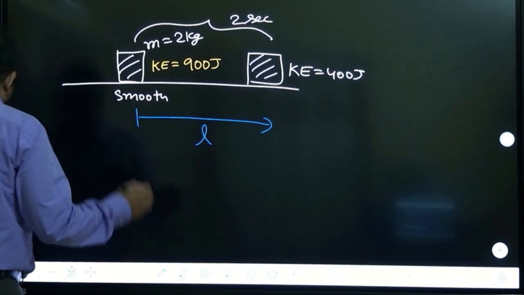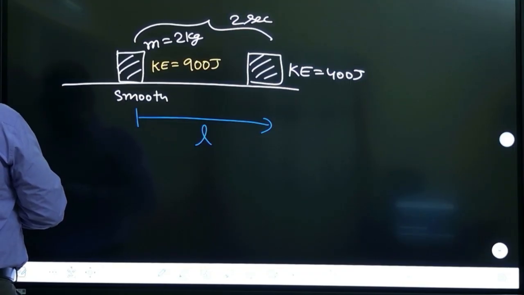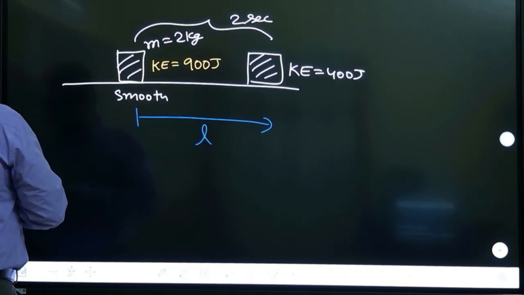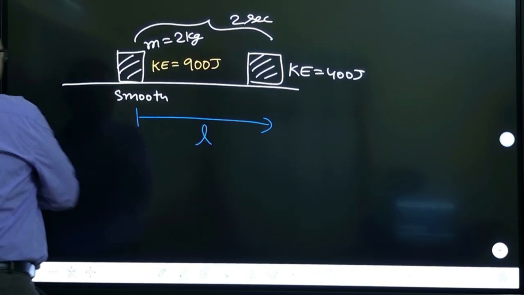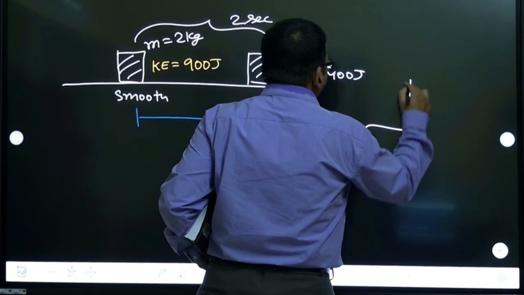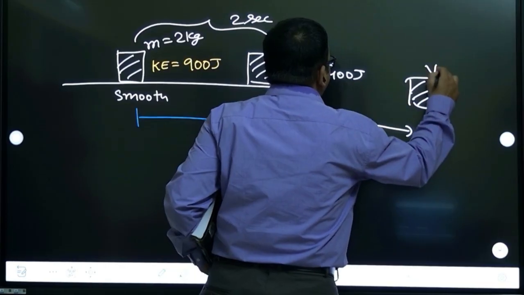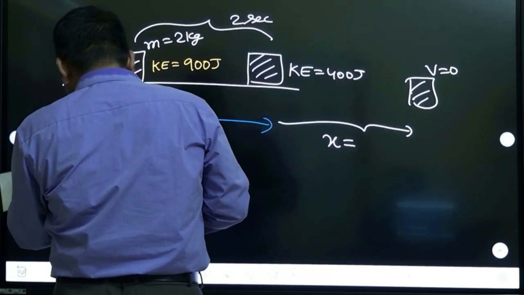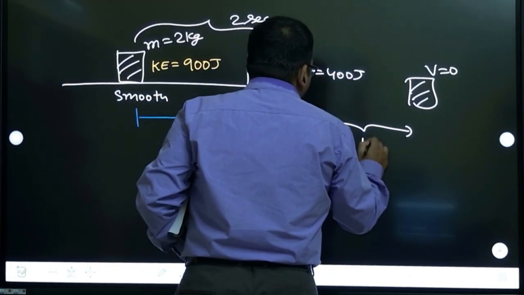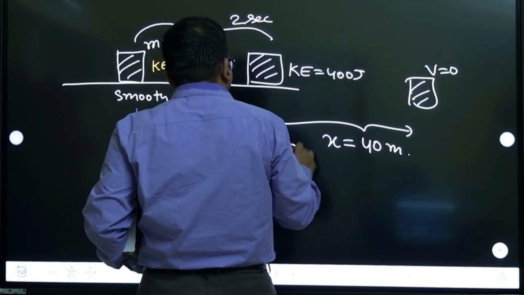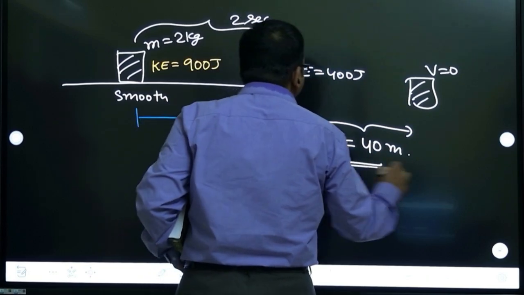The options they have given. First option: the object stops after covering a distance of 40 meters after covering the initial distance. So they are saying that after this, it stops, and the distance to stop is 40 meters. Is this correct or not? First check whether this option is correct.